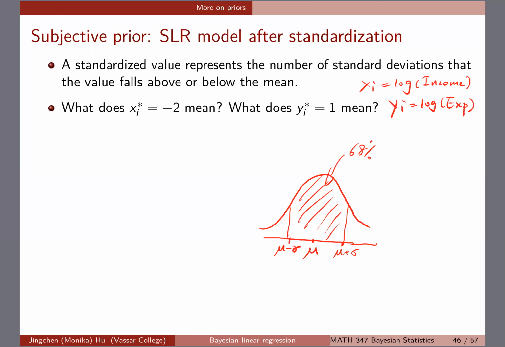So that's mu minus sigma and mu plus sigma. And then if you move forward, you have mu minus 2 sigma and mu plus 2 sigma, and all of this will be about 95%. If you do 3 sigma, it's going to be, I think, 99.7%. Yeah. So I think that's what you're referring to, right?